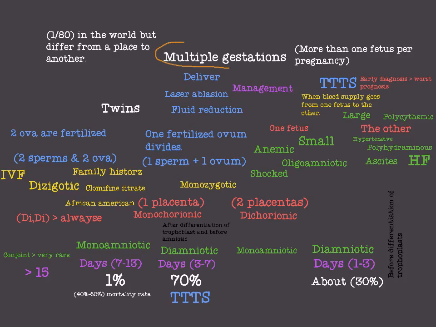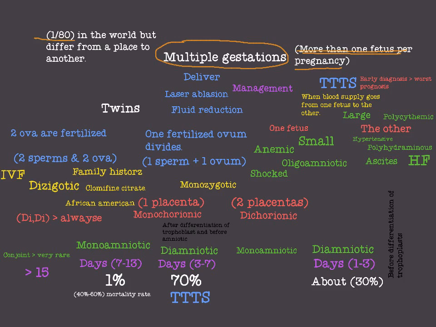Okay, multiple gestations. What is multiple gestation? It is more than one fetus per pregnancy, so maybe twins or triploids, etc. The incidence of multiple gestations is about 1 in 80.